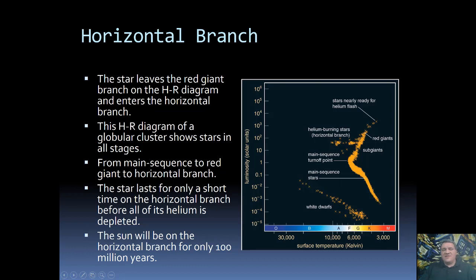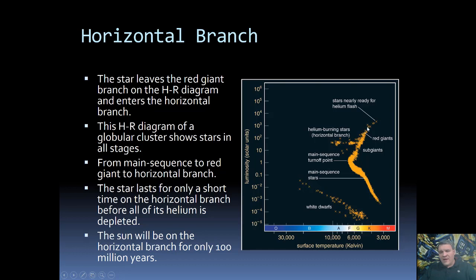We can actually see stars in all of these different stages as we look at globular clusters. So this is actually an HR diagram of a globular cluster. The stars along here, these are on the main sequence. Right here, we have the main sequence turnoff point, so these are the stars that are just now leaving the main sequence, having finished using their hydrogen in their core.